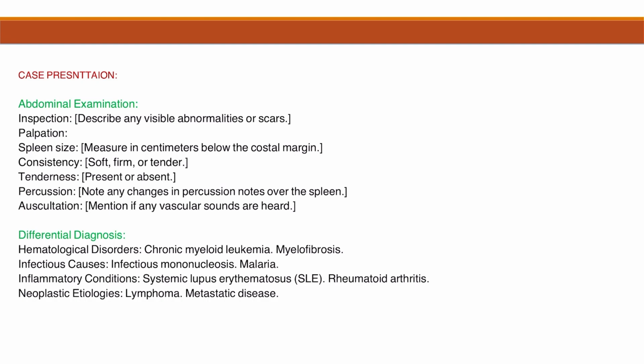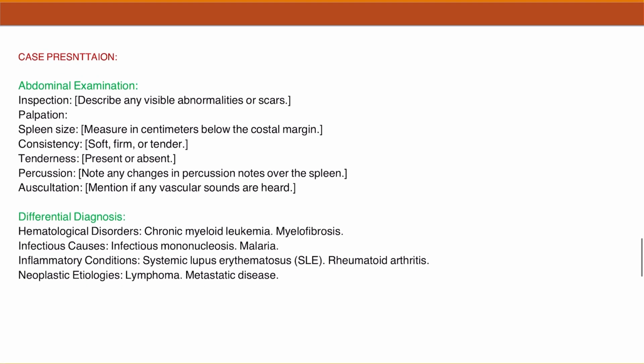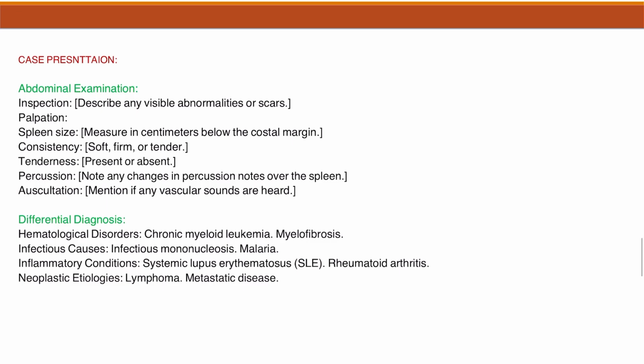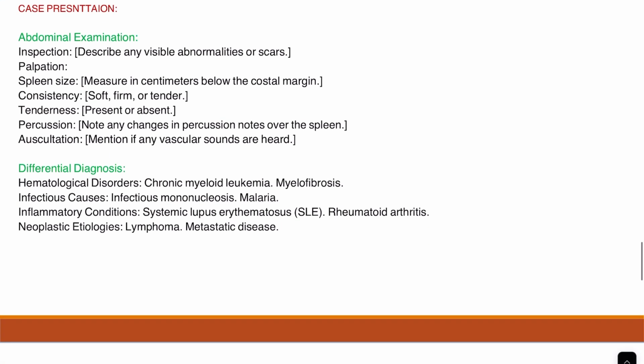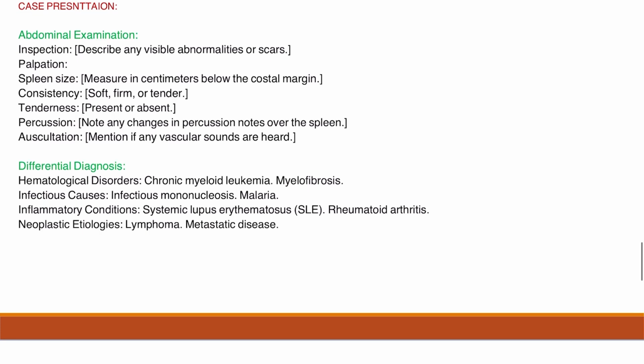Then you proceed to describe the important negative findings. So in the case presentation, you talk first about the abdominal examination, confirm that you have found the spleen and the patient likely has splenomegaly, and then talk about the differential diagnosis. You can say something along the lines of: splenomegaly is present and I'll be considering the following differential diagnoses.